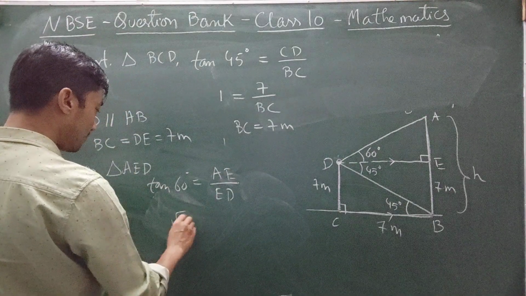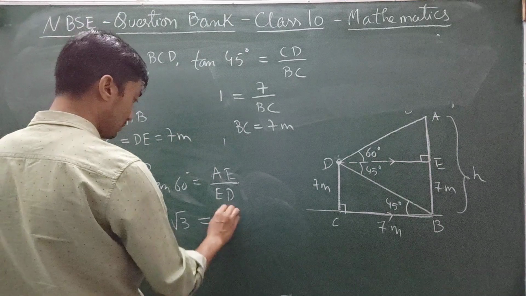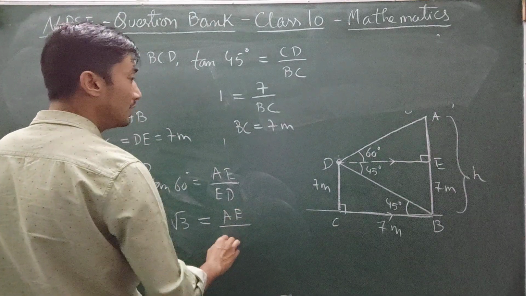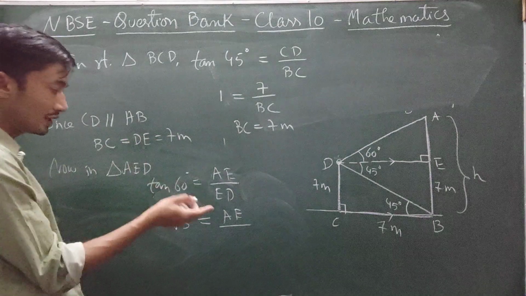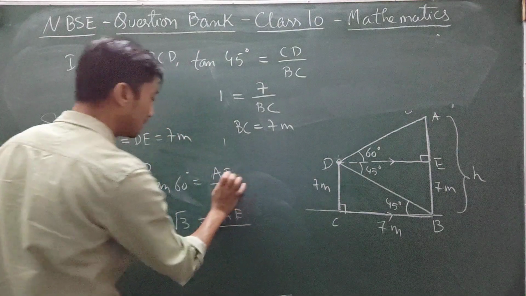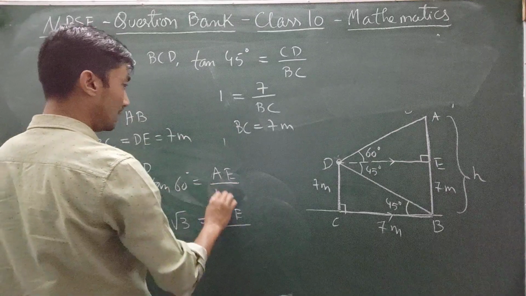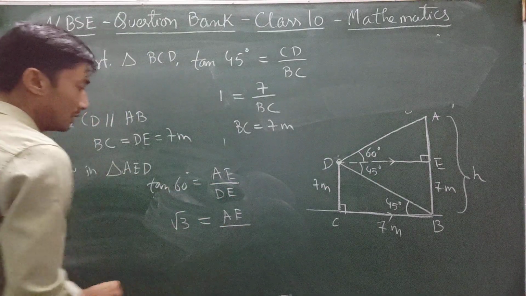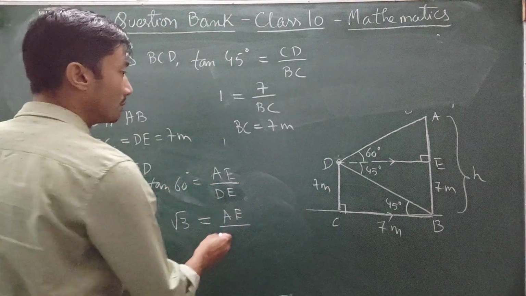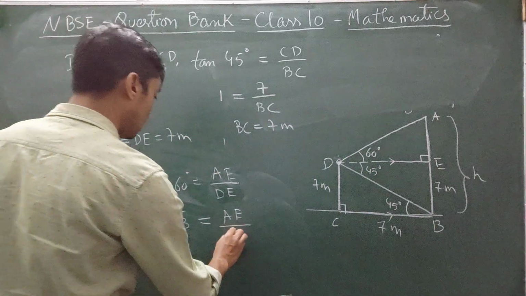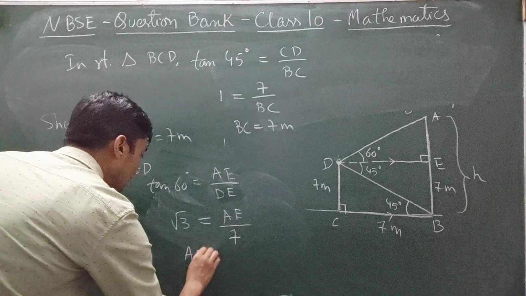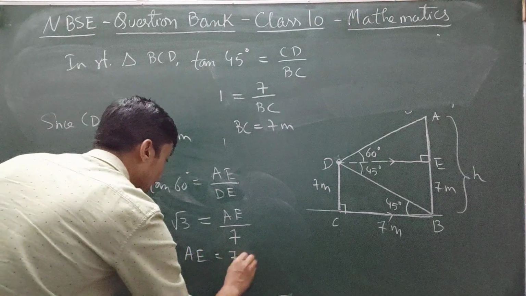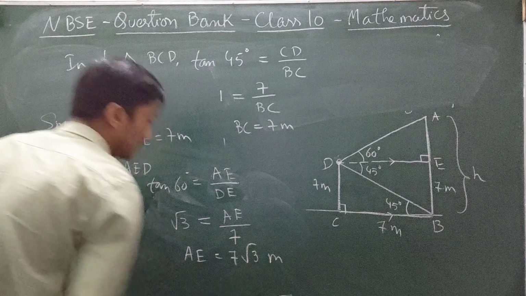Tan 60 we know is root 3. AE we don't know, we will find out, no problem. ED we have just mentioned. ED or DE, it's all the same. Let me just write it so that you don't get confused: DE. It doesn't matter, but it's okay. So that will also be 7. So in that case, AE will be, by cross multiplying, 7 root 3 meter.